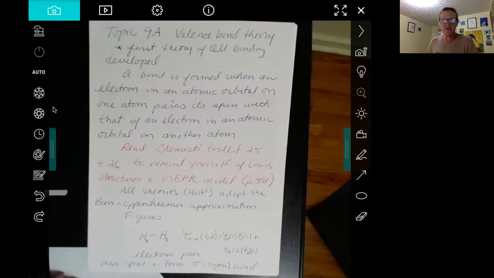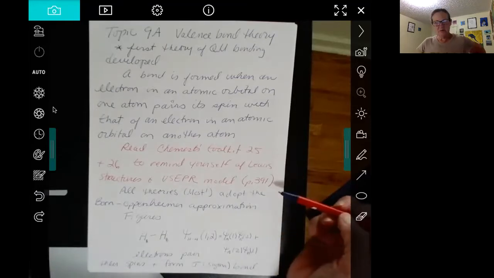Those will remind you of Lewis structures, which was the first way to describe bonding. And that wasn't a quantum mechanical theory. And you had to join that with VSEPR theory, valence shell electron pair repulsion. So just read those on page 391 and refamiliarize yourself. That will help remind you what you do know about bonding with a very simple theory.